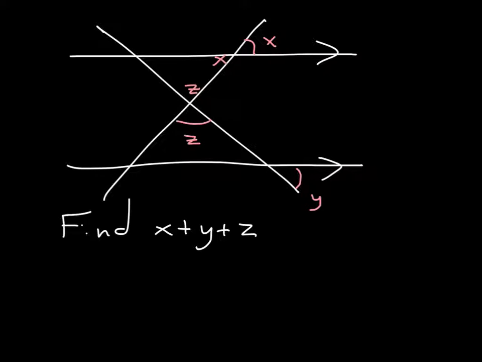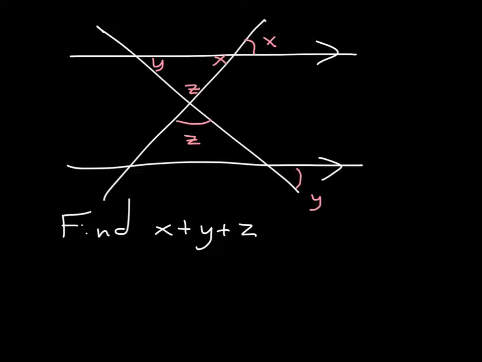And finally, if we look at what's going on here, we have a great big F. So this angle and this angle are corresponding angles. So I can label that y.